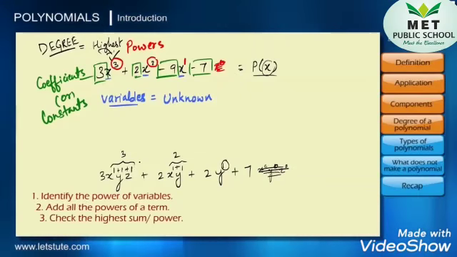So in the first term you are having x is 1, y is 1, z is 1. Together it is 3. Similarly you do it for all the terms, and you can see the highest power you are having is 3. So the degree of the multiple variable expression here is 3. And hence you will write the degree of the given expression is 3.